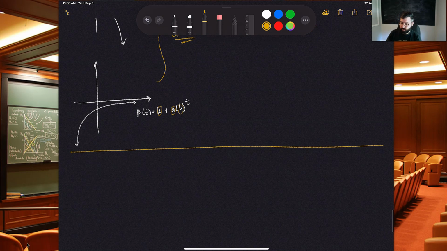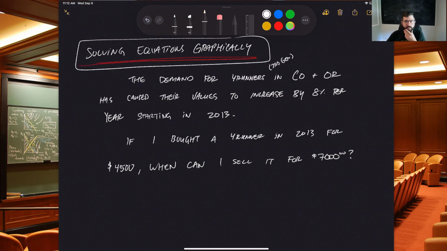All right, so we've looked at short run behavior, we looked at long run behavior. You know what each of these dials mean, you know what limit notation means. Now let's use one of these things in context to solve an interesting problem. So here we'll work through an example using the graph to solve an equation.